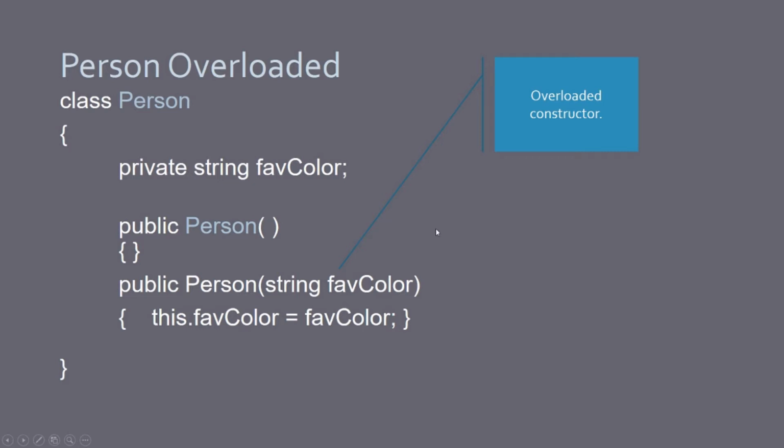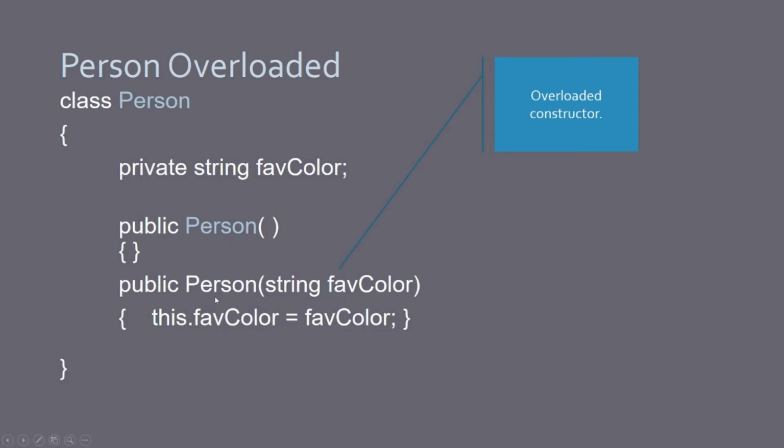So in this case, we've added a constructor. So our original constructor created our person without any parameters. Now we're going to create another method that's named exactly the same, public person, but this time we say, hey, we expect a string to be passed to us so that we can set the favorite color of this person.